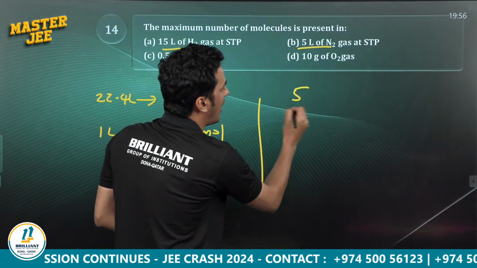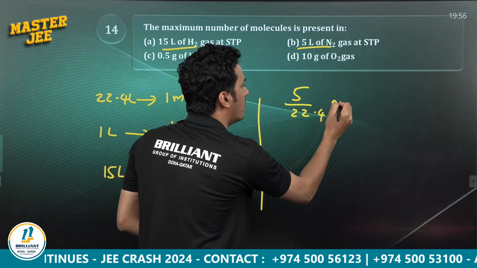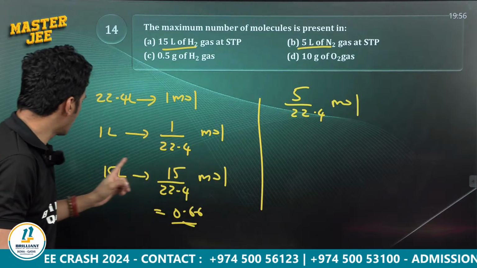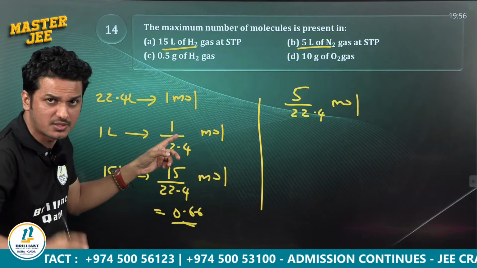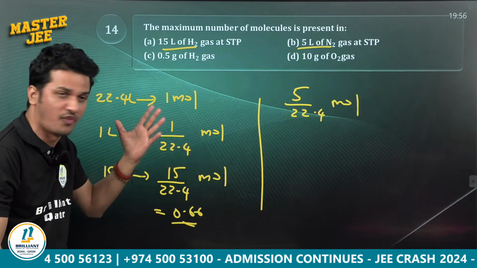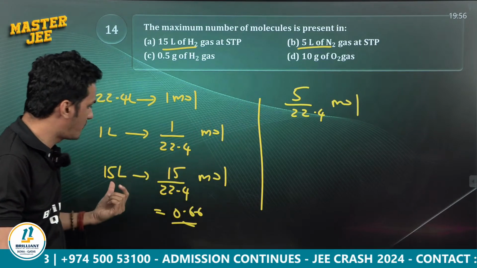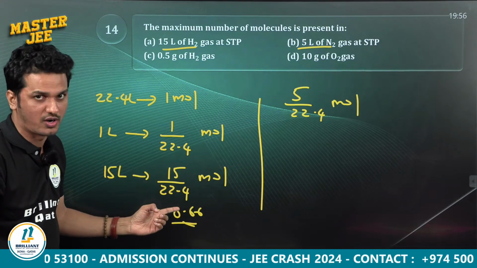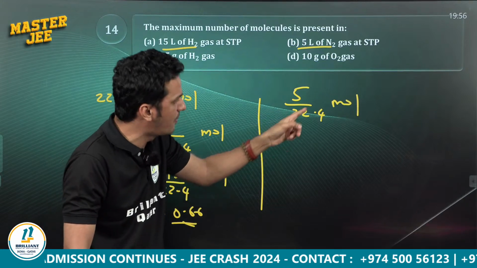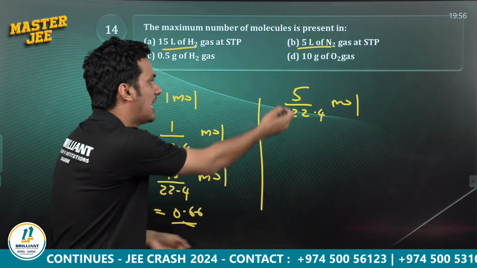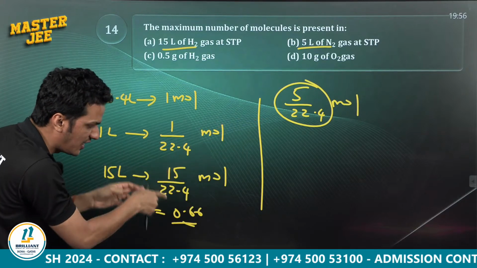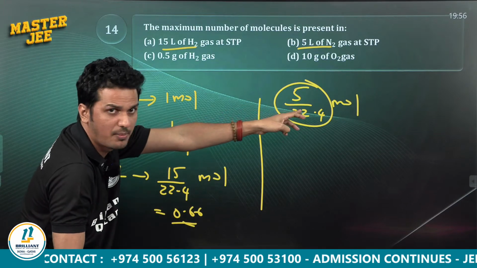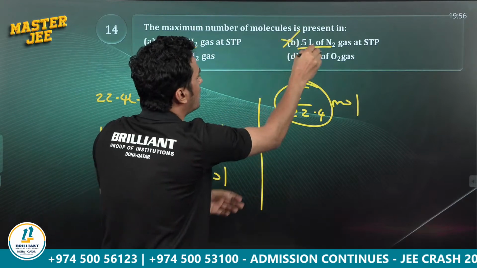Any substance at STP, 1 liter is 1 by 22.4 mole. So 15 liter means 15 by 22.4, and 5 liter means 5 divided by 22.4. Automatically that answer will be less than this one, so no need to bother about that.